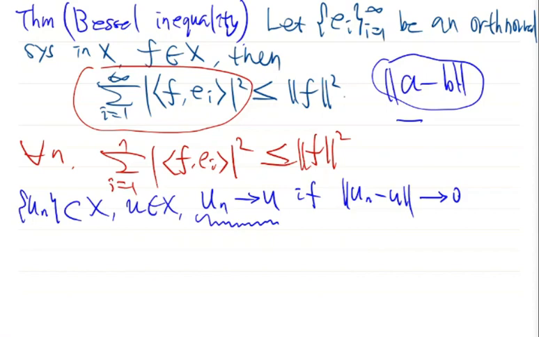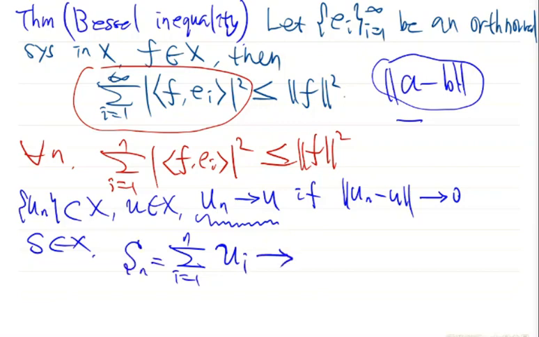And for a series, the partial sums form a sequence denoted by Sn.